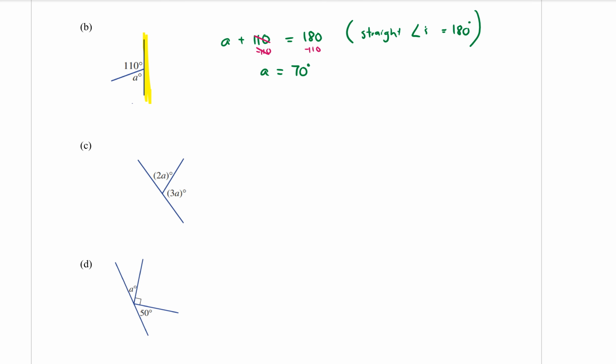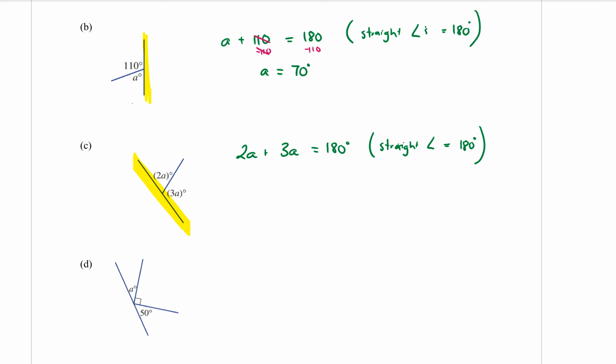Part C, again I have my straight line here, so that means that those two angles are going to equal 180. So I have 2A for the first angle and 3A for the second angle equals 180 degrees. Write the reason in brackets. So straight angle equals 180 degrees.